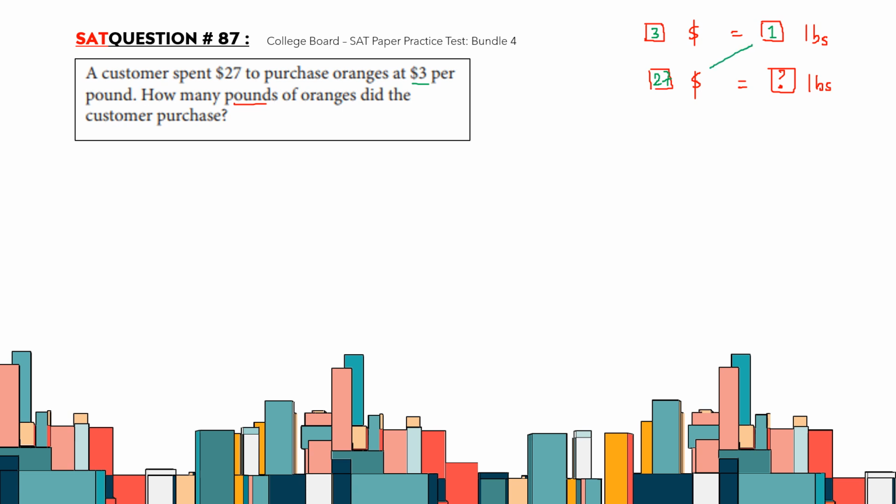Now we can cross multiply and then divide by the rest. We have the question mark that will be equal to 27 times 1 divided by 3. That equals 27 divided by 3 equals 9 pounds. So with $27 you can purchase 9 pounds of orange.